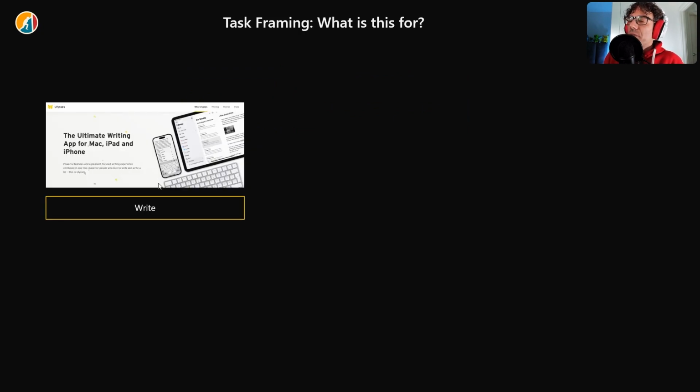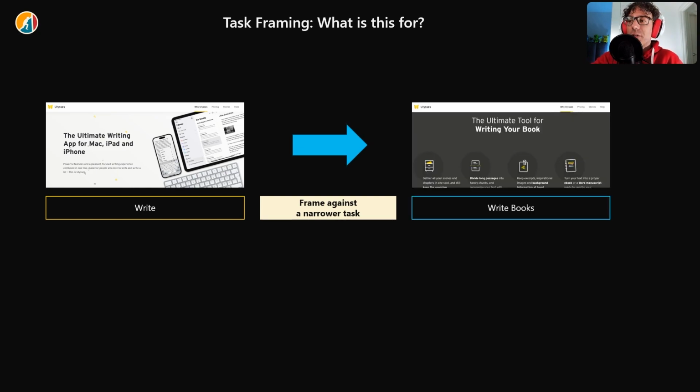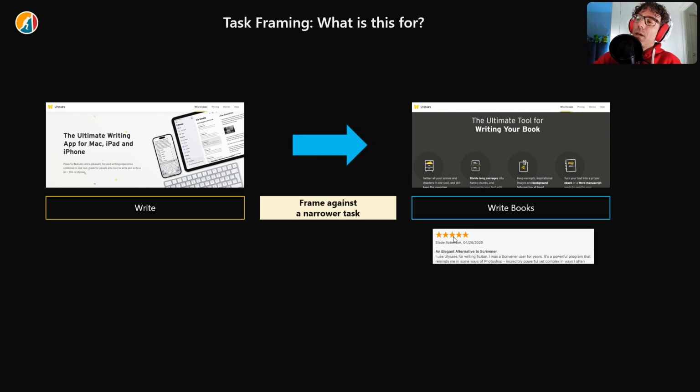You can present yourself for the broad task: write everything, whatever. You can also frame against a much narrower task. Write books, only books, not blogs, not essays, no sermons, books. In fact, right now the people that really value the app are talking about that.